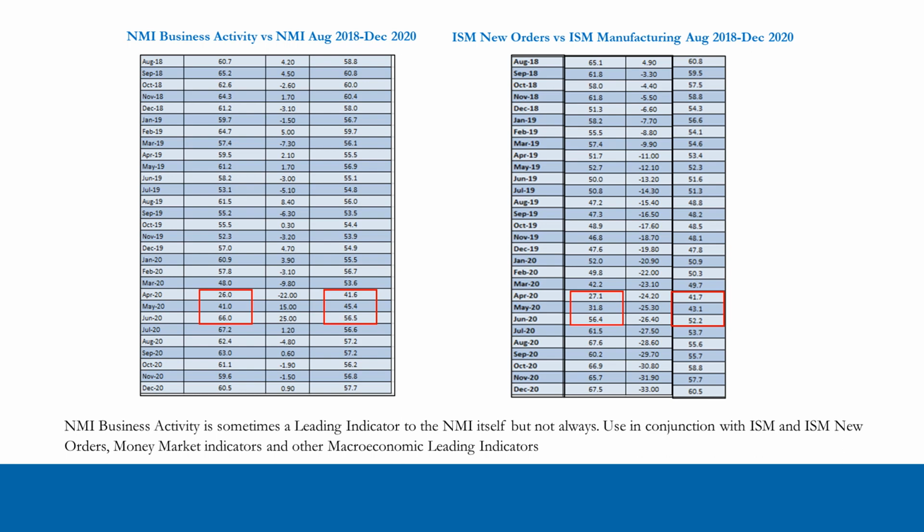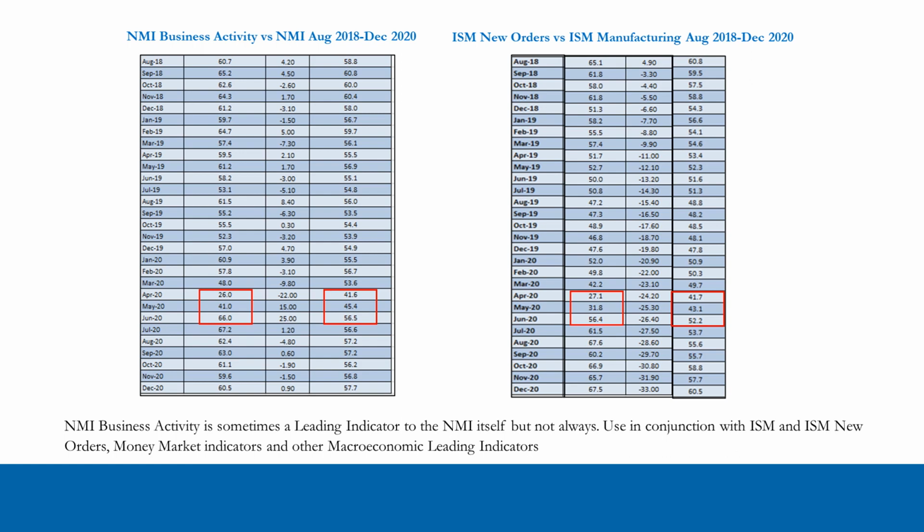If we fast forward a little bit and go a little bit further in history to the March, April, May, June 2020 period, if we look at business activity and the composite NMI, we obviously saw a big move down because of COVID and the economic lockdown. But what's interesting is that business activity went below 50 for the first time in March 2020.